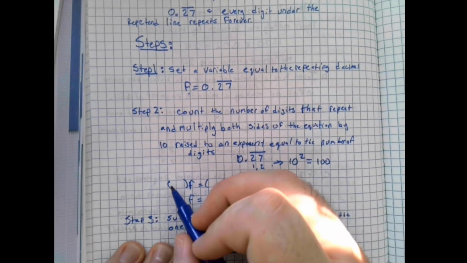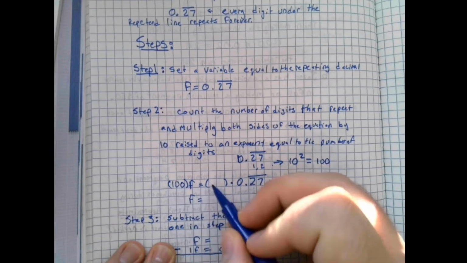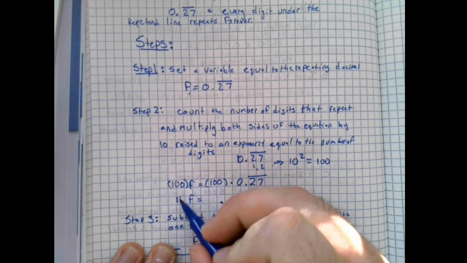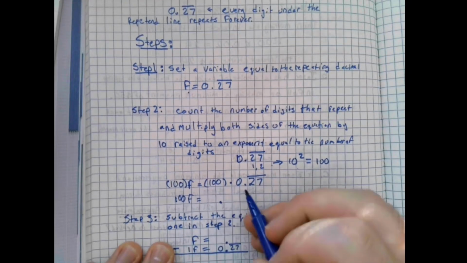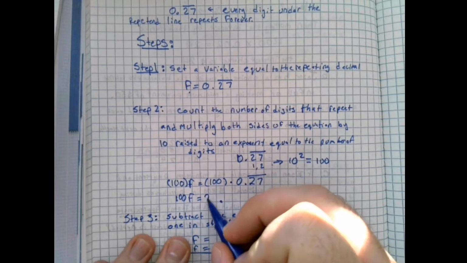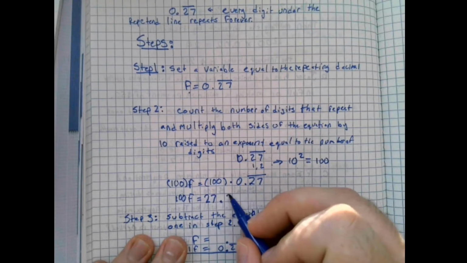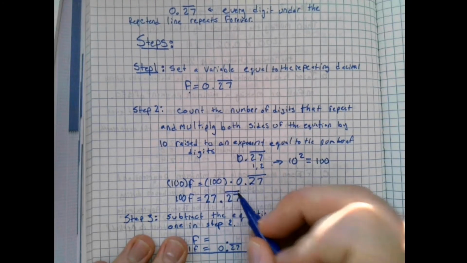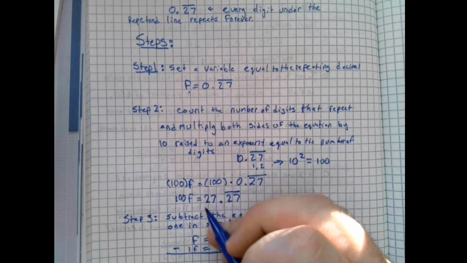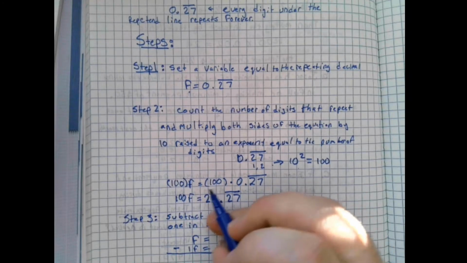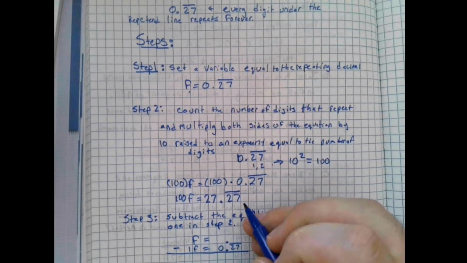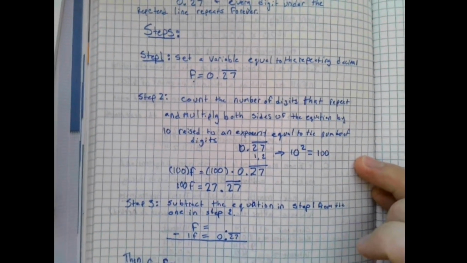So we're going to multiply the left-hand side by 100 and the right-hand side by 100. 100 times f is 100f. 100 times 0.27272727 would be 27.27 repeating. Now notice, all we've done is we've created a number which is now not repeating, that still has the repeating portion attached at the end, which is where step 3 comes in.